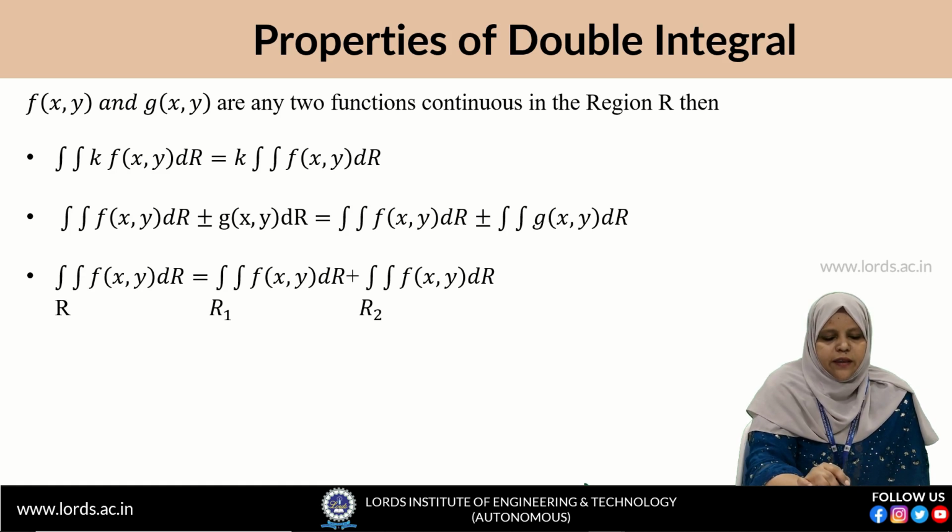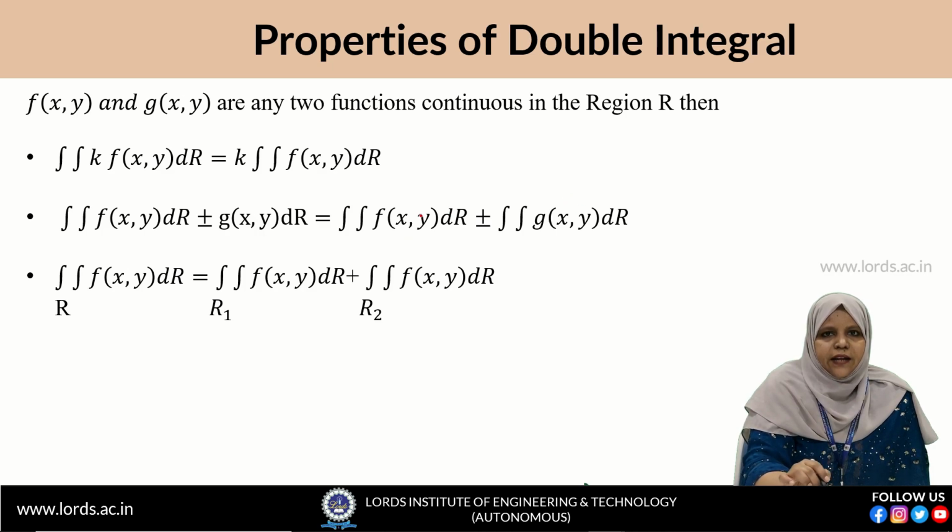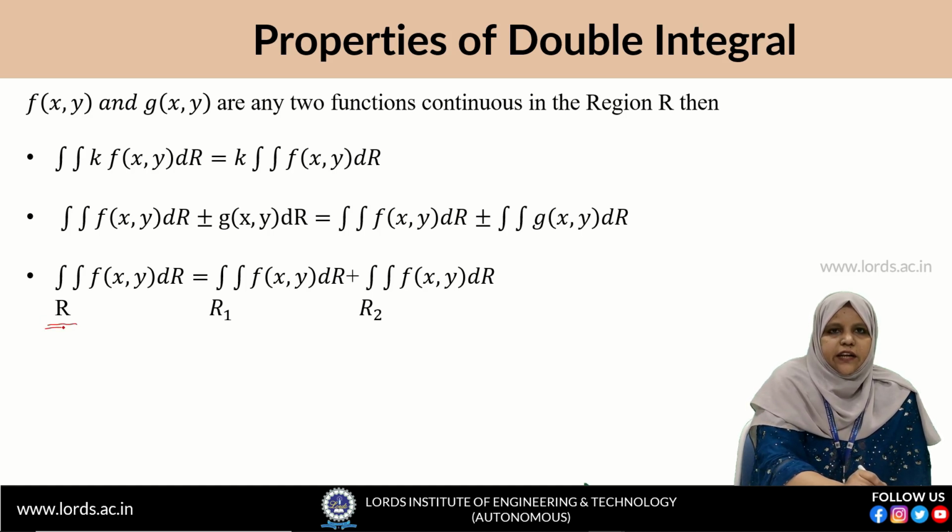The integration can be evaluated on the function f of x comma y. Second property: we take two functions, f of x comma y plus or minus g of x comma y. When we have two functions present in a sum or difference form, you can split them up and integrate. Third property: when we are evaluating the integral over any region, that region can be split into any number of parts. Here the region R is split into two parts, R1 and R2.